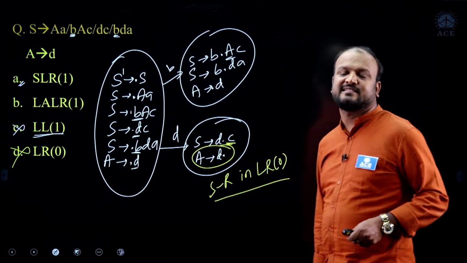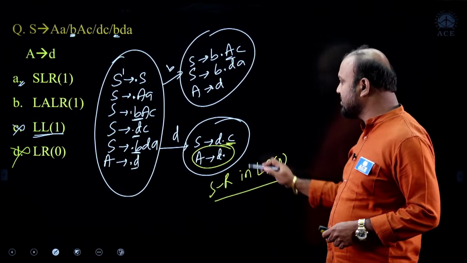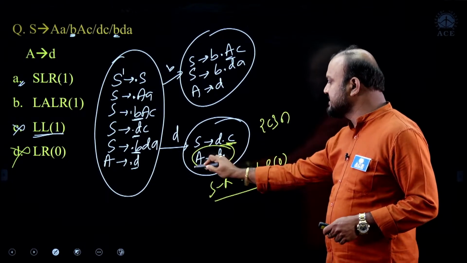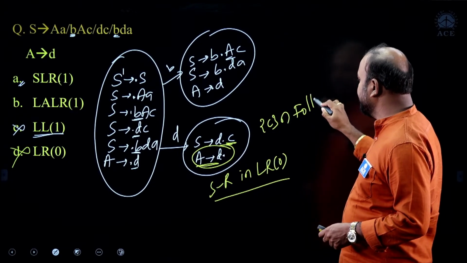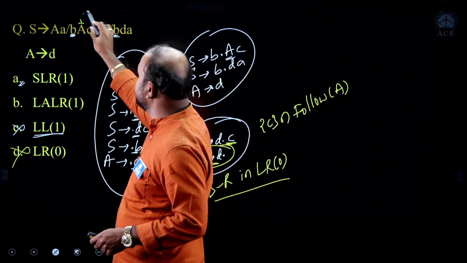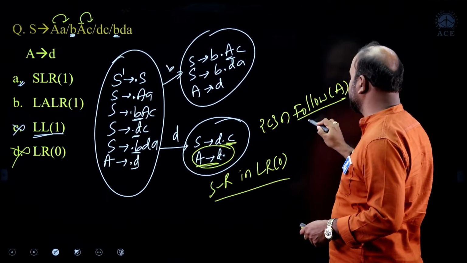Next we have to look at SLR(1). In SLR(1), this is a shift-reduce conflict if the shift symbol is C, and this is a reduction in Follow of A. Now what is the Follow of A? Look at the Follow of A: C and a. A and C are in the follow set.